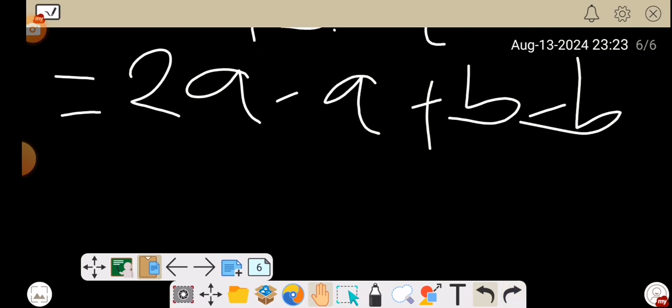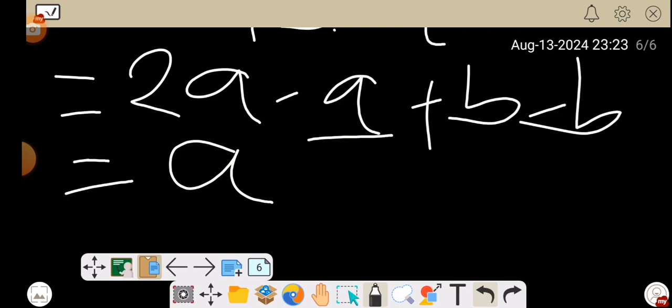Okay, so the next part from here, we should now simplify. So 2a minus a plus b minus b. 2a minus a is a. This is just as good as saying 2 minus 1, because the coefficient of a here is 1.